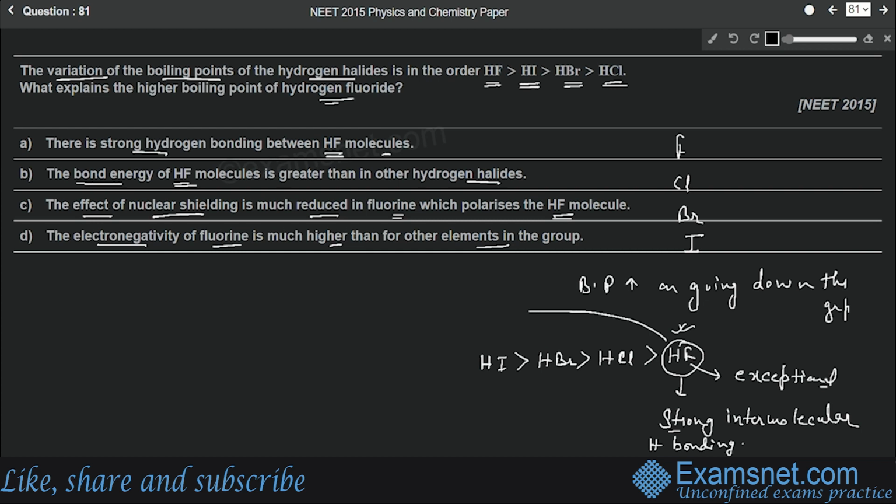So this comes on the top. Due to this the sequence becomes like this: hydrogen fluoride maximum, and then according to the general trend, that means hydrogen iodide, then hydrogen bromide, and then hydrogen chloride. Only hydrogen fluoride is exceptional. So the correct answer will be option number A. There is strong hydrogen bonding between hydrogen fluoride molecules.